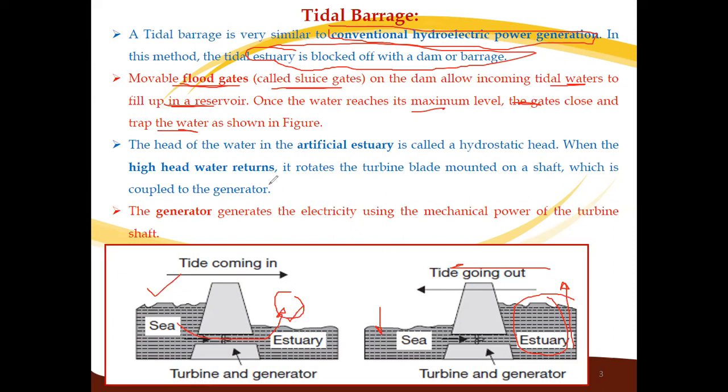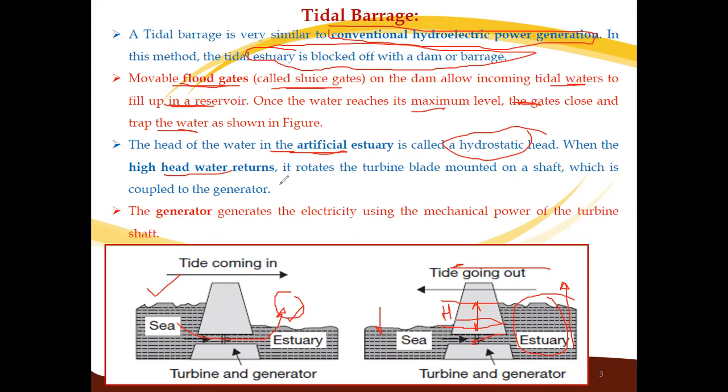The head of water in the artificial estuary is called the hydrostatic head. This head, H, is the height difference between the sea water level and the estuary water level. When the high-head water returns, it rotates the turbine blades mounted on a shaft.